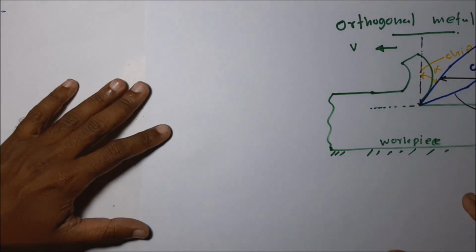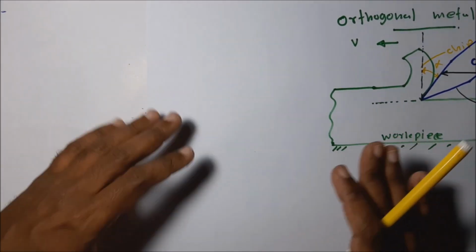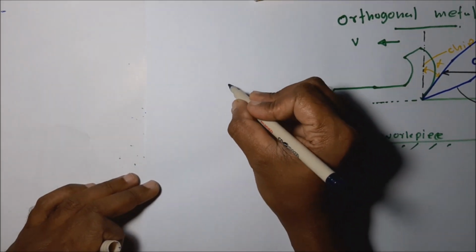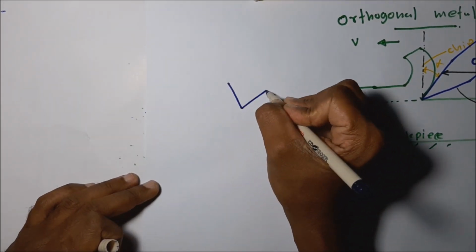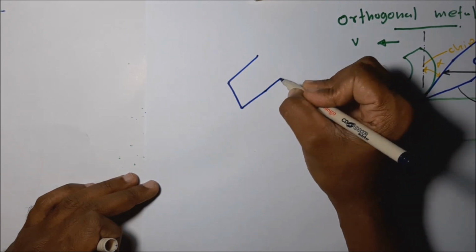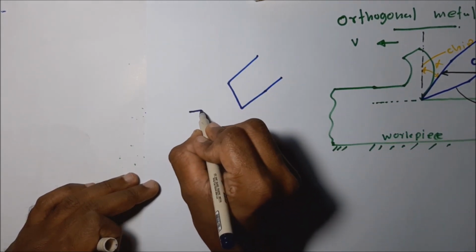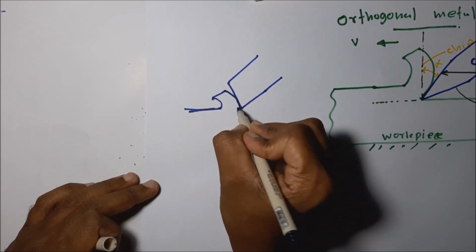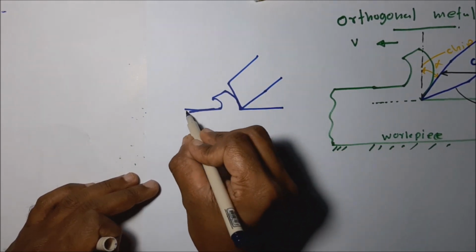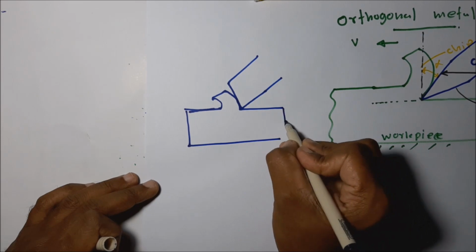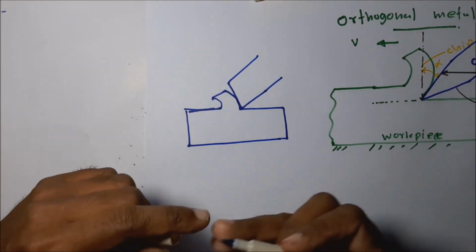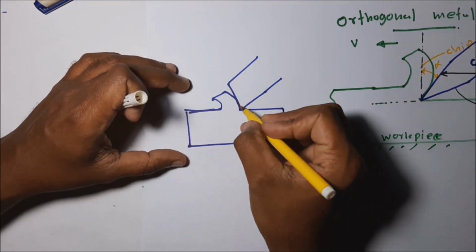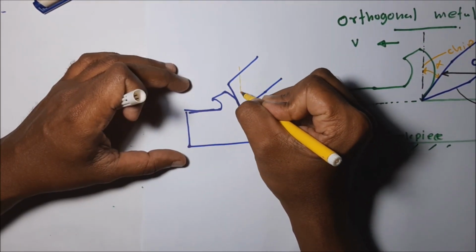So what is the negative rake angle? Negative rake angle means the cutting tool, the workpiece, the removing chip. In this situation you can see the perpendicular to the finished surface, the other one.